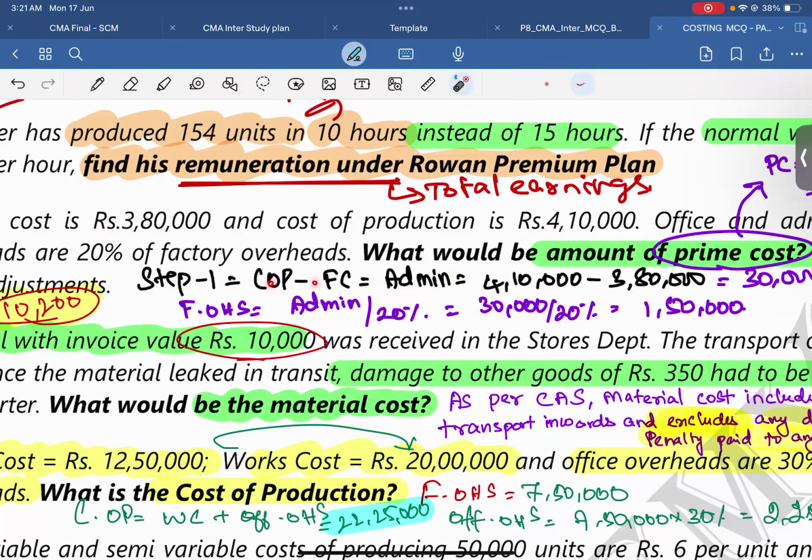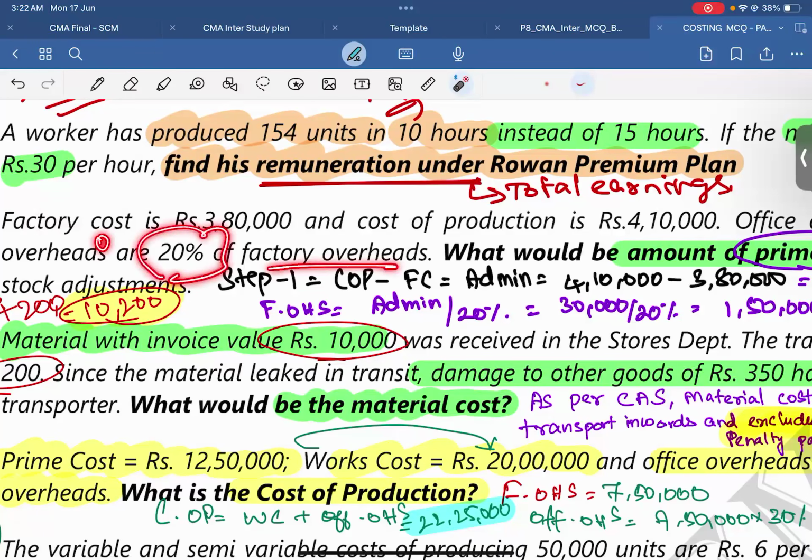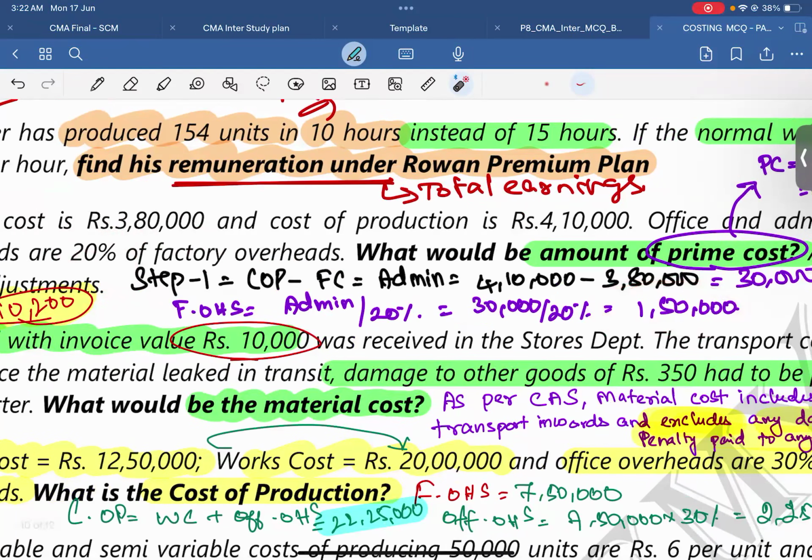That is cost of production minus factory cost is equal to admin overheads, which is 30,000. On that, we need to find the formula for factory overheads. They gave that admin is 20% of the factory overhead. So we know admin, and from that admin we divide by 20% to get 100% of the factory overheads. Then only if you calculate 1,50,000 into 20%, this 30,000 will come.